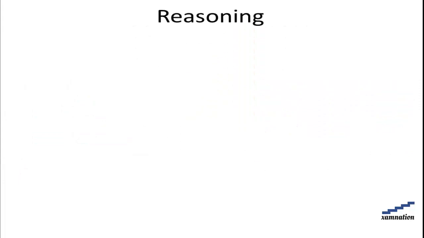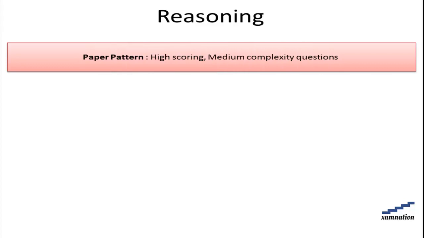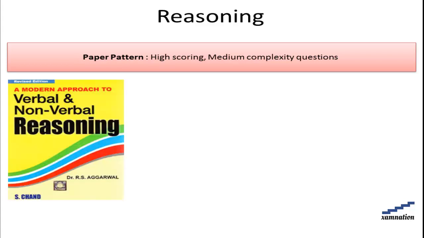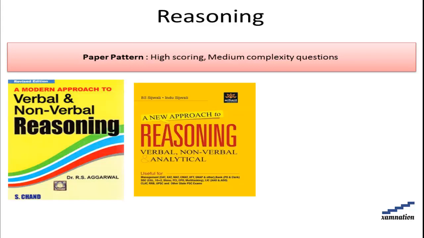So coming to the next subject, which is reasoning. The reasoning paper is the highest scoring paper, as we have seen, and the questions are of medium complexity level. So you can follow the standard books on verbal and non-verbal reasoning, for example of R.S. Agrawal or Arihant publication.